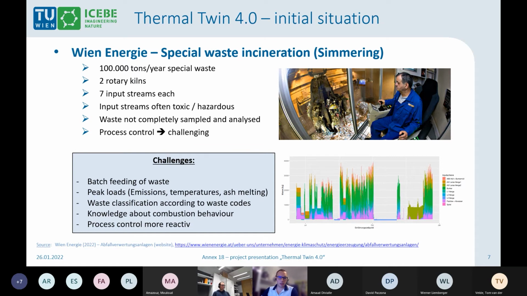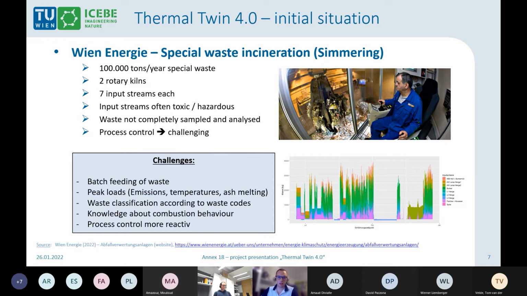There are many more challenges because there is no continuous feeding of the waste, but batch feeding of these different input streams. On the right side, you can see a diagram which shows the mass flow over time from different input streams.